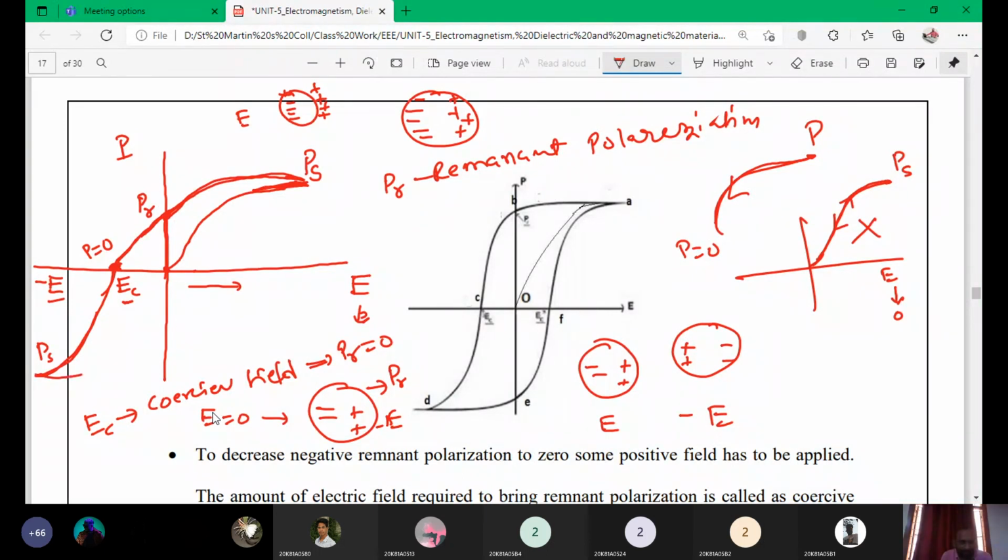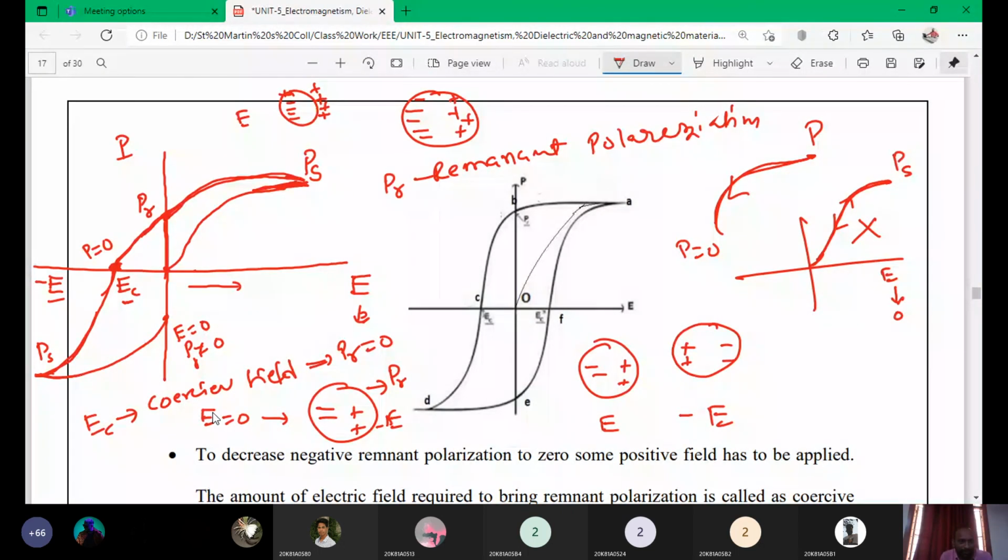After that, when you decrease the electric field again, the polarization decreases. On the y-axis the electric field is zero, but the polarization is not zero. This we again call remanent polarization. To make it zero, we apply a positive electric field.